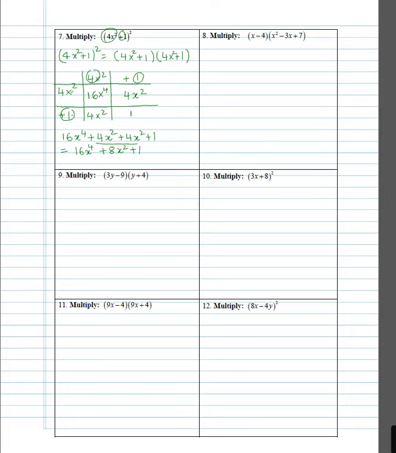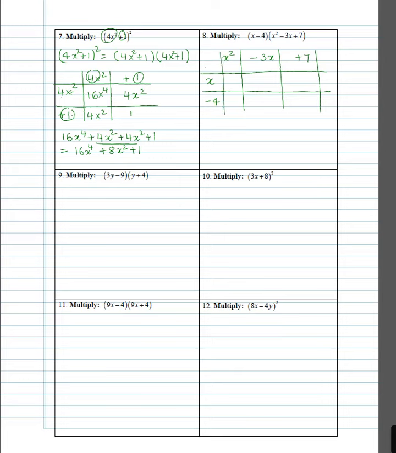Moving on to problem 8, I'm going to rewrite them the same way. I'm going to have x minus 4, and on the top here I would have x squared minus 3x plus 7. I would make columns. You don't have to do it this way at all.